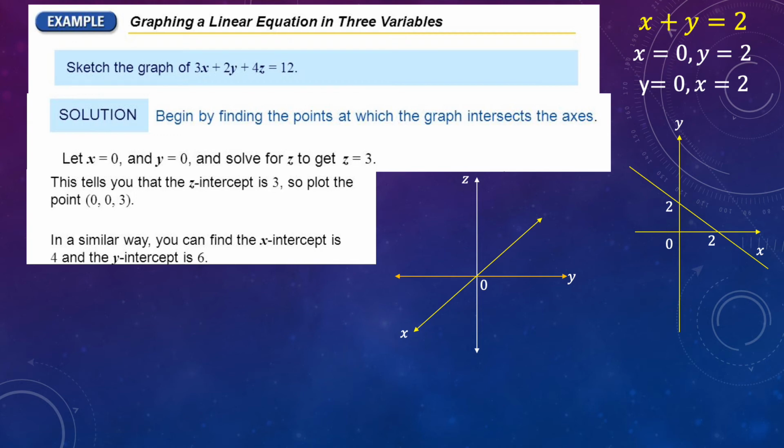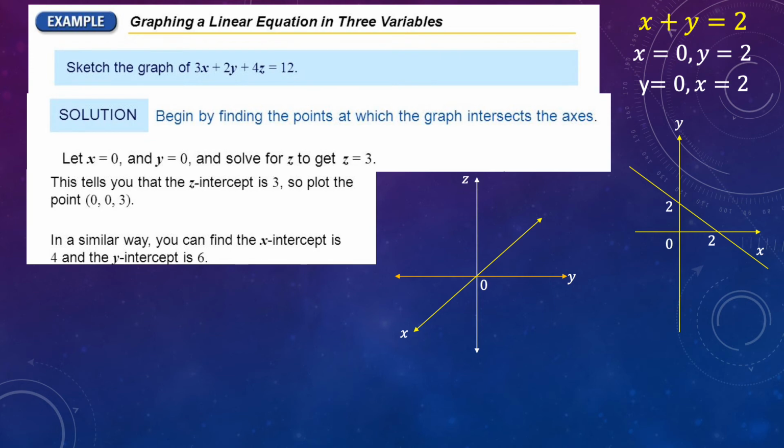For the z-axis, the upper part will be positive. But for the x-axis here, this part will be positive and this part is negative, right?